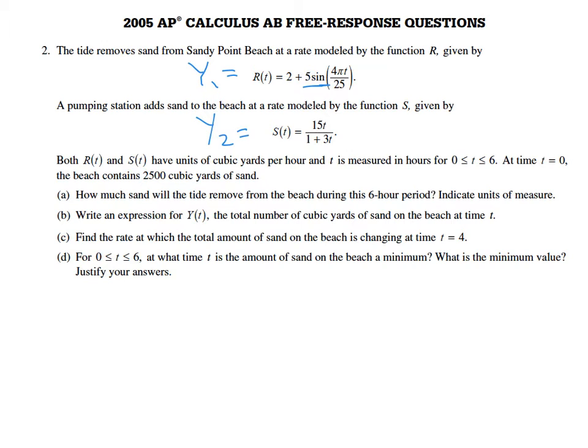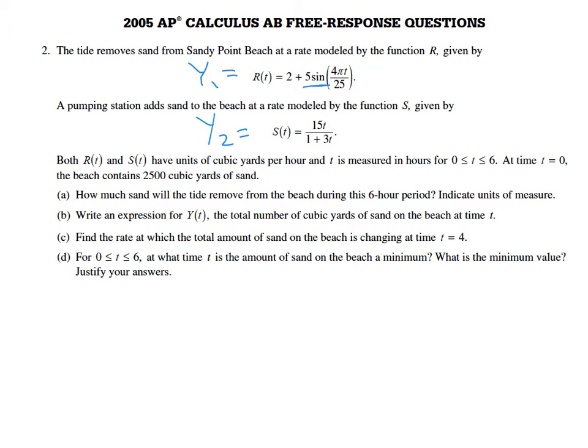Okay, I'm glad you got those in your calculator. Now let's go ahead and read through and see what's going on here. We've got tide removing sand from a beach at a rate modeled by the function R. So R is my removal of sand. A pumping station adds sand to the beach at a rate modeled by the function S. So if you just think about the concept here, we have sand being removed and sand being added at the same time.